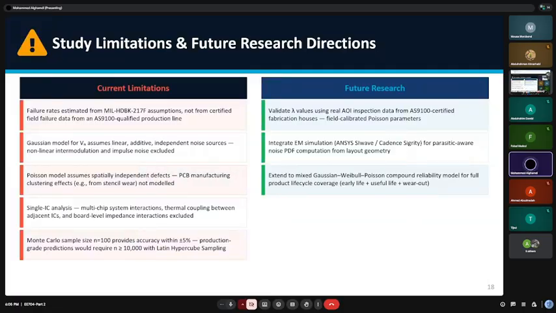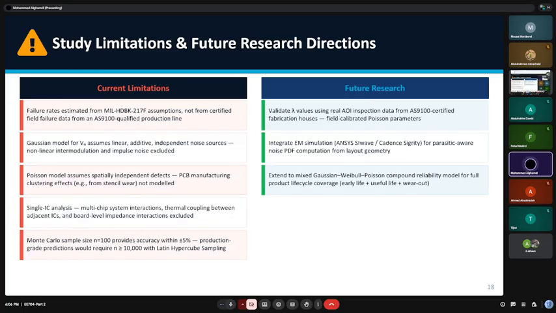The limitations and future work for this study: failure rate is estimated from standards such as MIL-217F assumptions, not from certified field failure data. The Gaussian model for VN assumes linear, additive, and independent noise sources; nonlinear intermodulation and impulse noise are excluded.